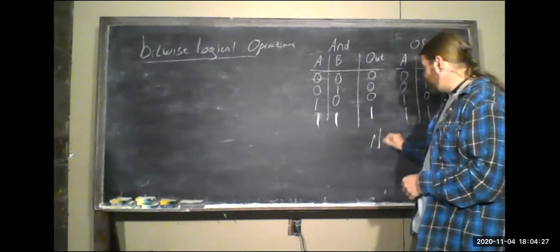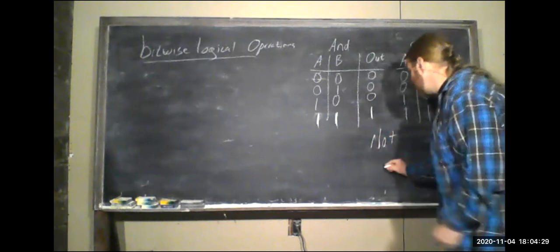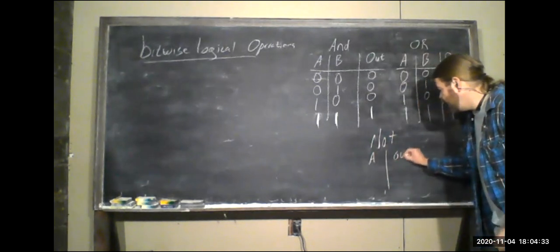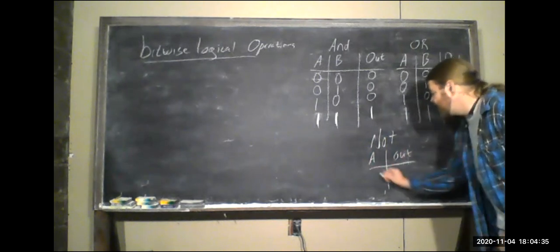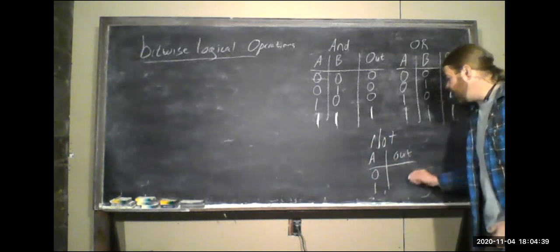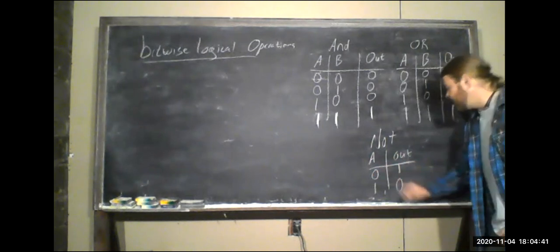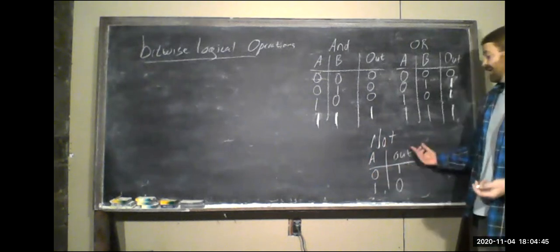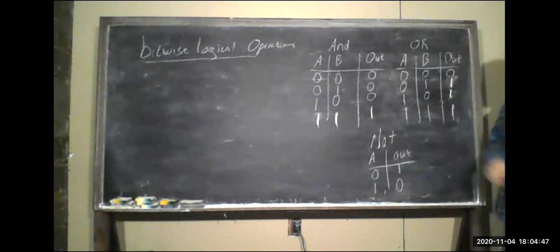And then our other basic operation, not, only takes in one input. It's a unary operation, so it can either be true or false, and the output is just the opposite of what it was. If it was off, the output of not off is on, and not on is off.